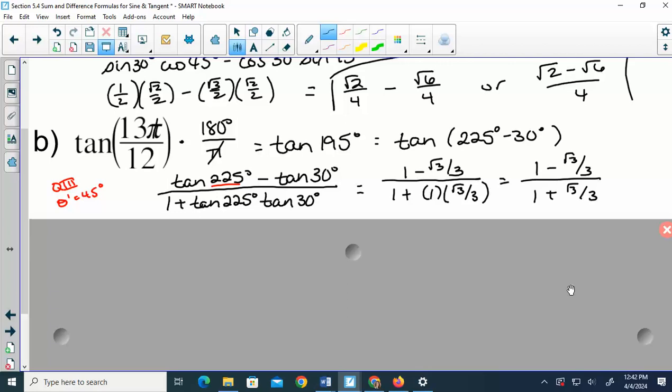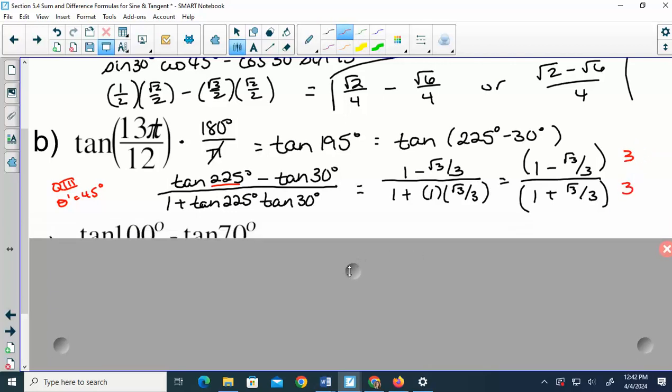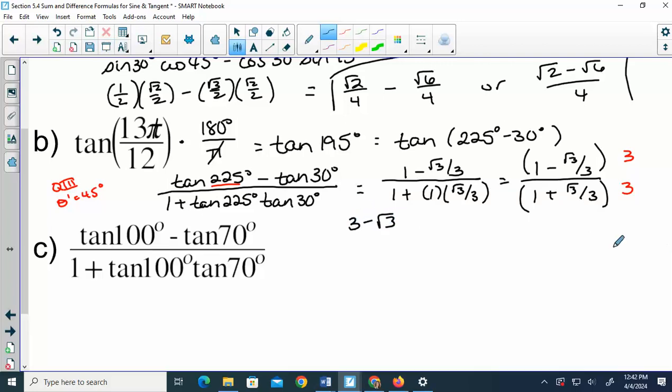But I do want to get rid of the fraction in a fraction. So times 3. If you were going to get rid of the radical, you would do the whole conjugate. If all you're getting rid of is the fraction, you could just get by with multiplying by 3 because that's our denominator. And if I do that, I get 3 minus radical 3.